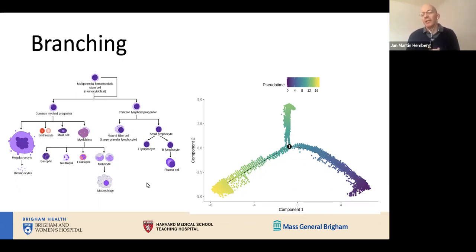So what we need to do, from a mathematical point of view, is to identify, ideally with an algorithm that automatically identifies these branches, their endpoints, their locations, and how many there should be. And this is, of course, much more challenging than just ordering cells along a single dimension.